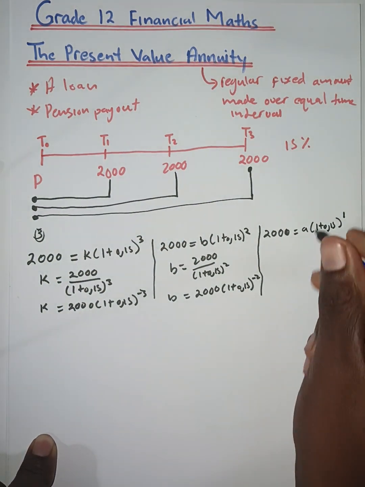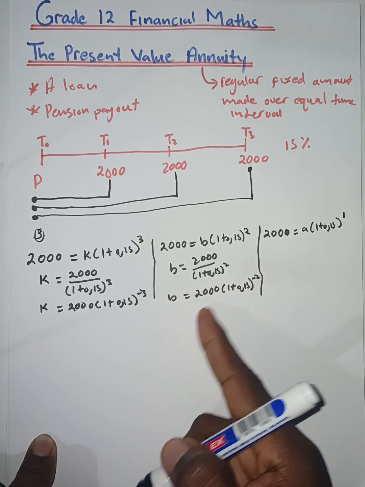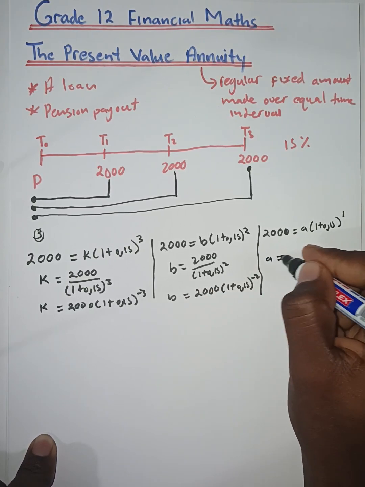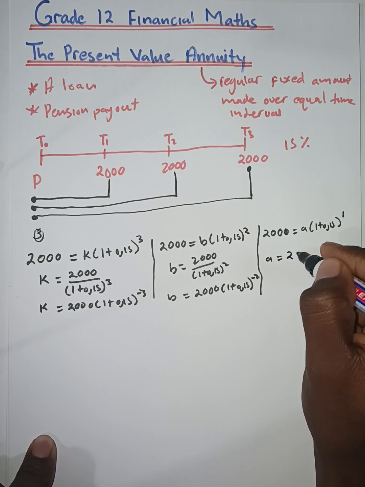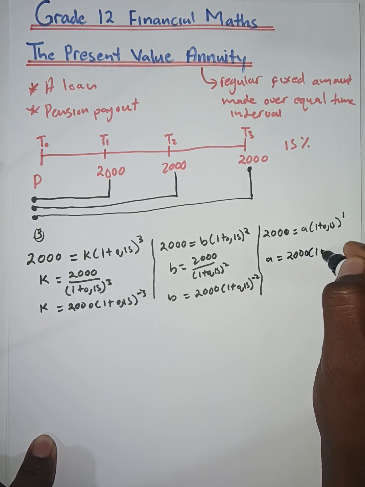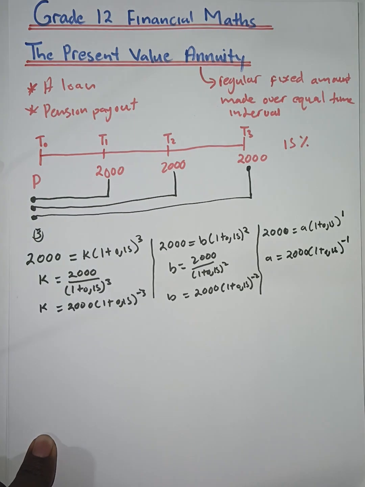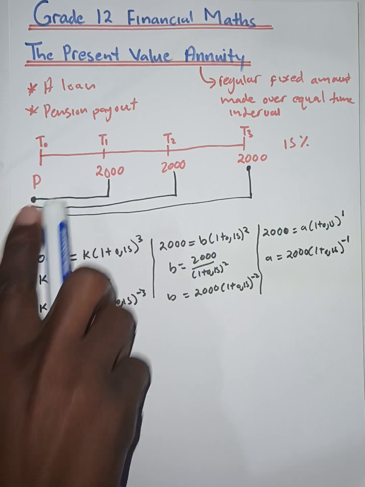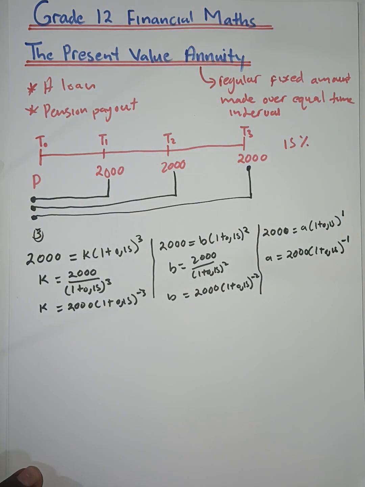So to get A alone, it is going to lead to the same point, but A would be equal to 2000 times 1 plus 0.15 to the power negative 1. If I find out how much all of these amounts are worth at T0, I would know the amount of the loan which I was granted.